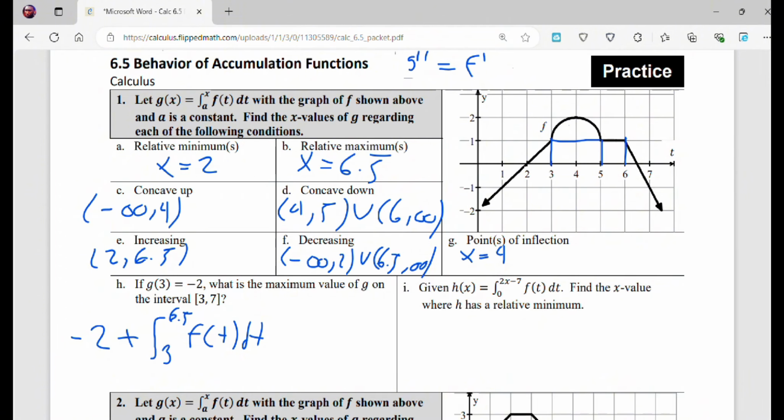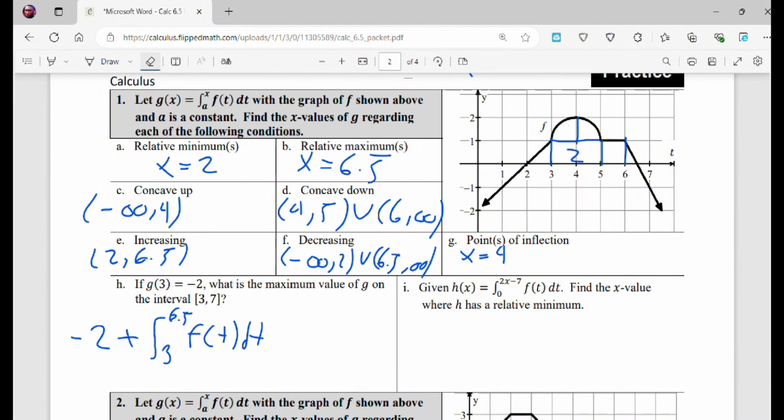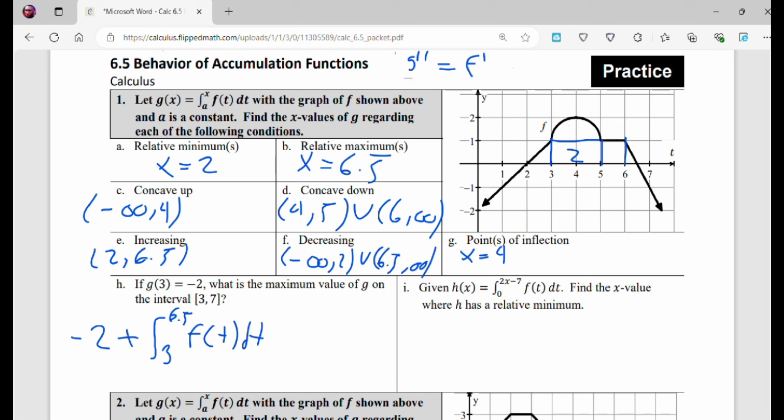Length is 2, width is 1, so 2. Semicircle: the area of a semicircle is pi r squared over 2. Our radius is just 1, so pi times 1 squared is pi, and since it's a semicircle, pi over 2.